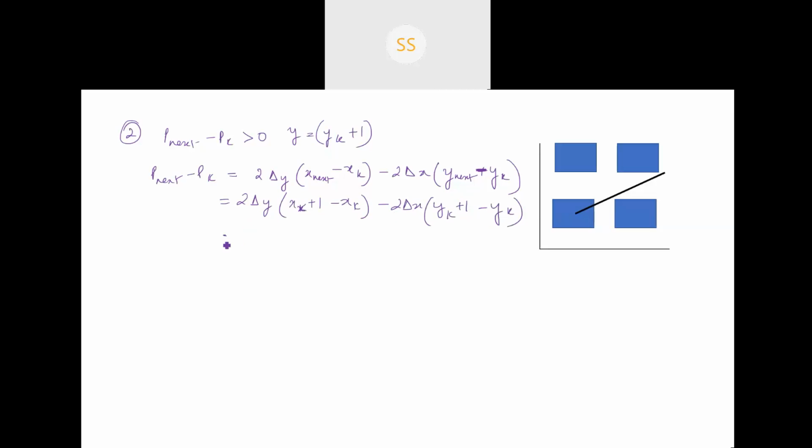So that is equal to, I can say that xk and xk cancel here, my yk and yk cancel here. I'll have 2 delta y into 1 minus 2 delta x into 1. I forgot to bring my pk to the right hand side. Now I bring my pk to the right hand side. I get 2 delta y minus 2 delta x.